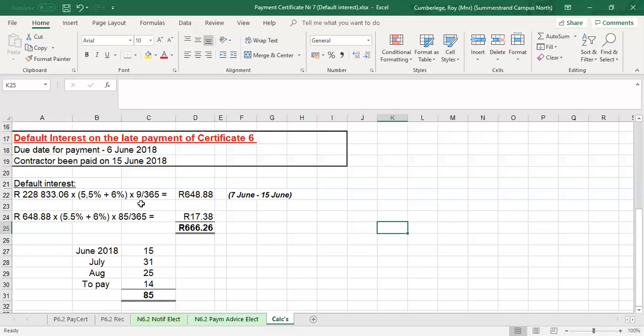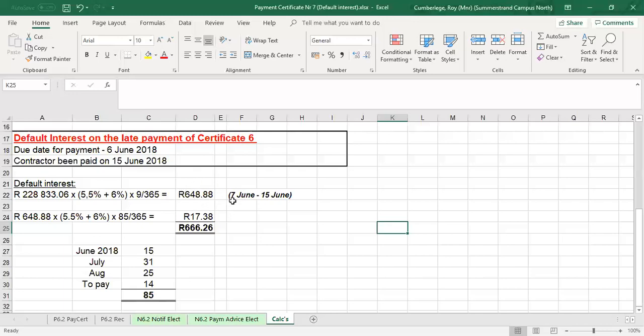So let's apply the calculation. It's the value of the check excluding VAT, times the interest. The repo rate is 5.5, plus the default interest of 6%, so it's a total of 11.5% in this case. Times the 9 days being late, calculated from the 7th to the 15th of June. That gives me 9 days, and a value of 648 odd Rand.